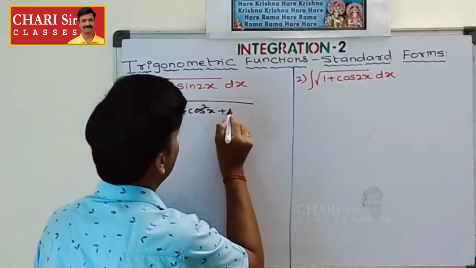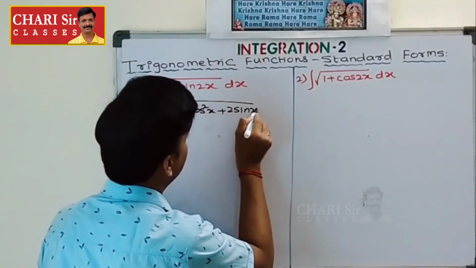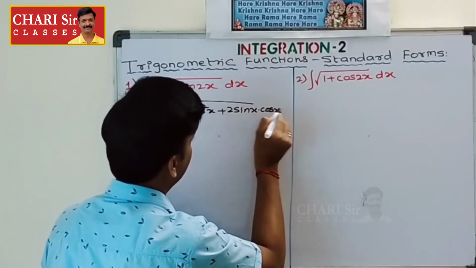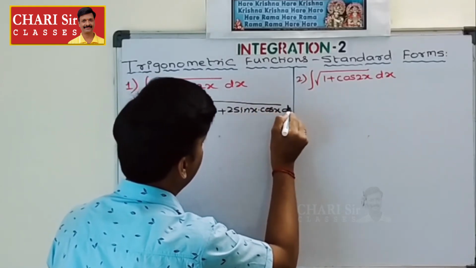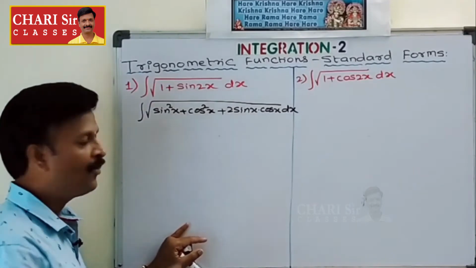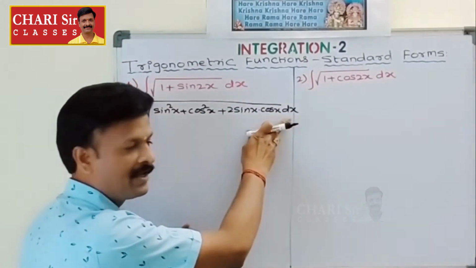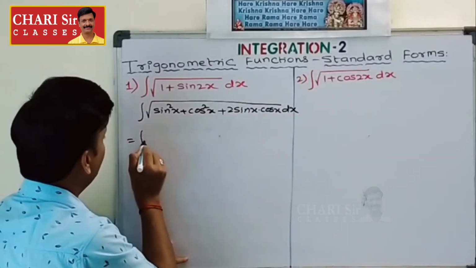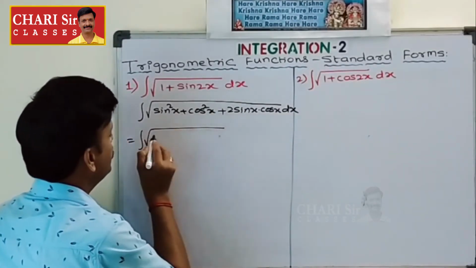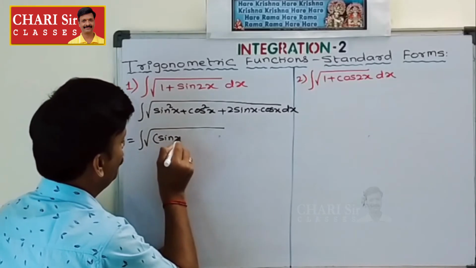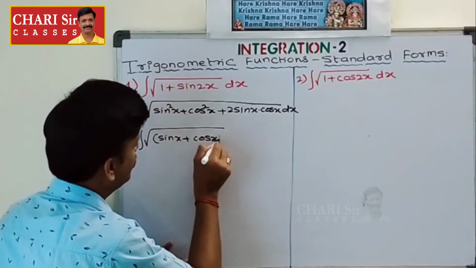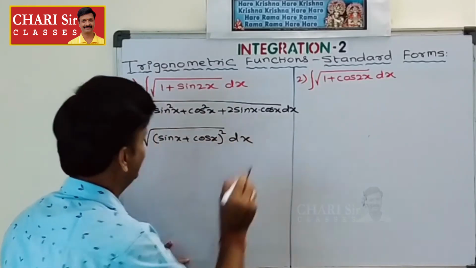This sin 2x you can write as 2 sin x into cos x, expanded form, and dx as it is. Now you can see it is in the form of a square plus b square plus 2ab, which can be written as root of sin x plus cos x whole square and dx.